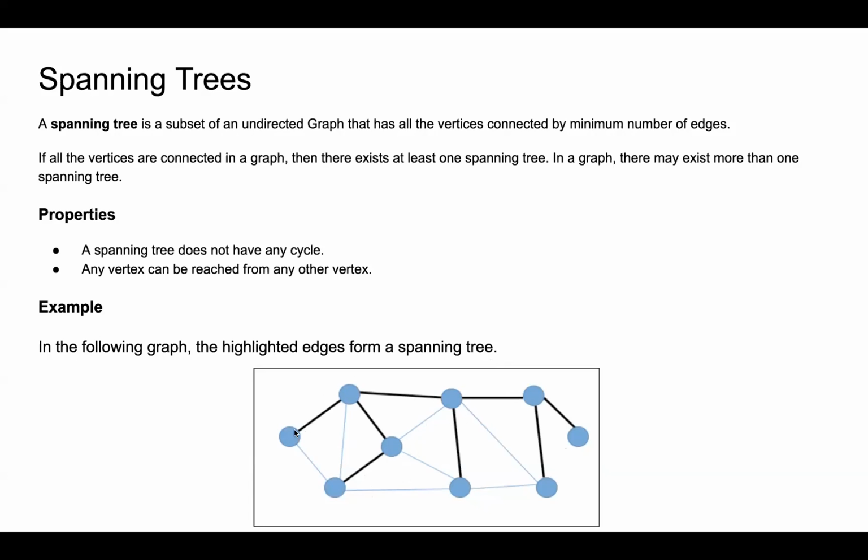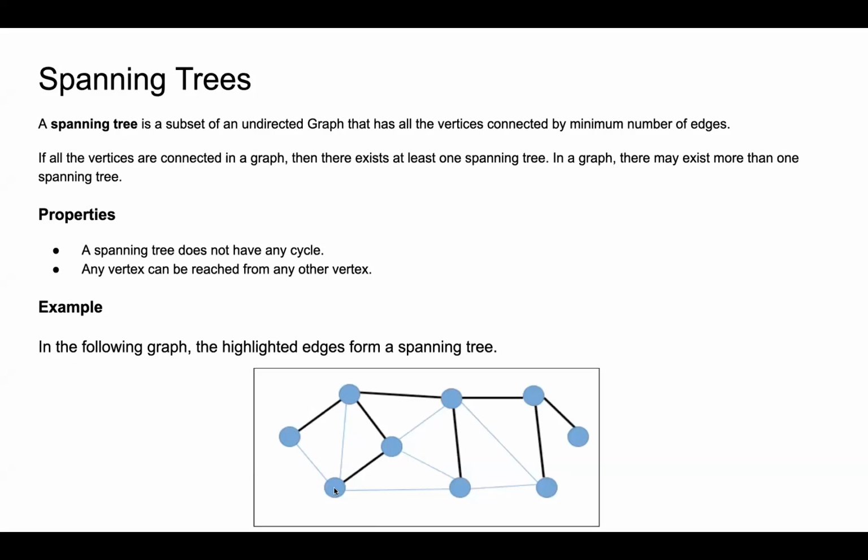See here, 9 vertices, and the spanning tree contains 1, 2, 3, 4, 5, 6, 7, and 8. Only 8 edges are there and 9 vertices are there. Okay, again, what is the next property for the spanning tree?